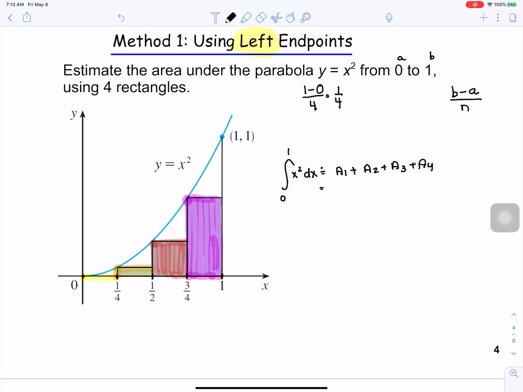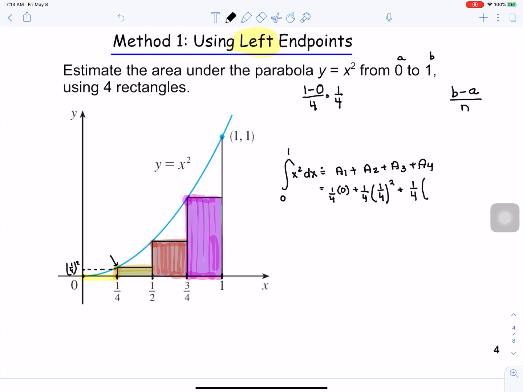Okay, so I take my base, which is 1/4, times my height, which there is no height there, plus 1/4. The height of this rectangle would be based on the value of the function at 1/4. So this would be 1/4 squared, plus 1/4 is the base of the third rectangle.